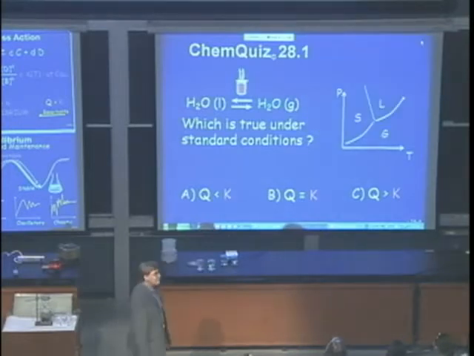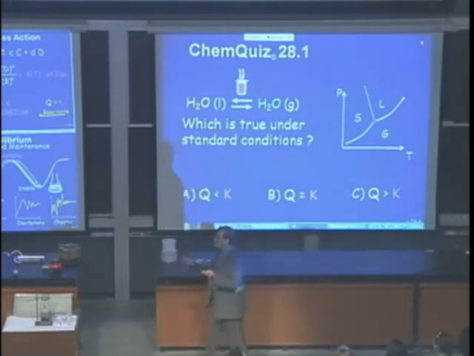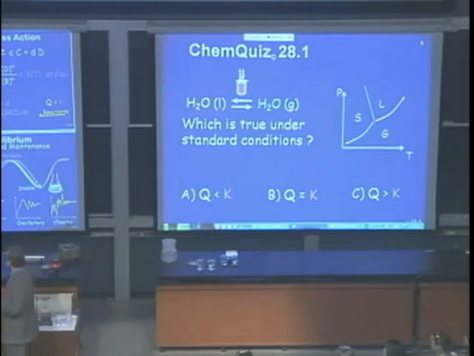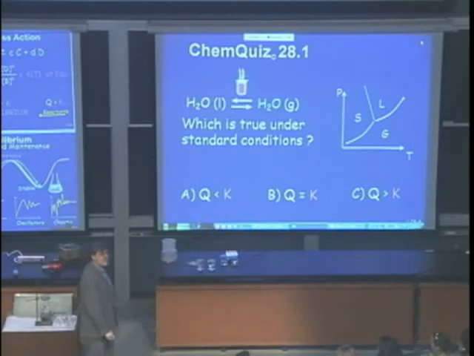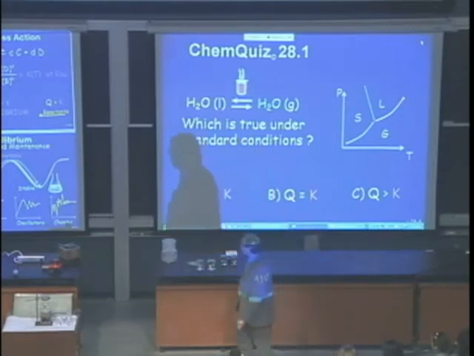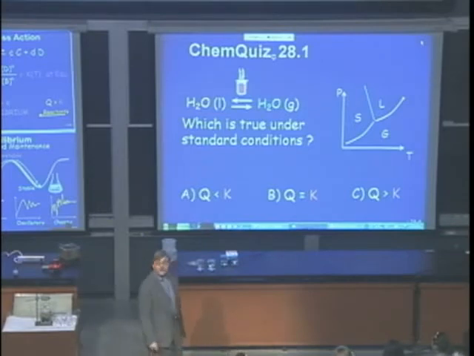What is the partial pressure? I told you, at equilibrium, what's the partial pressure of water at 25 degrees? 0.03. What is Q at 25 degrees? 1. So 1 is obviously a lot larger than 0.03.